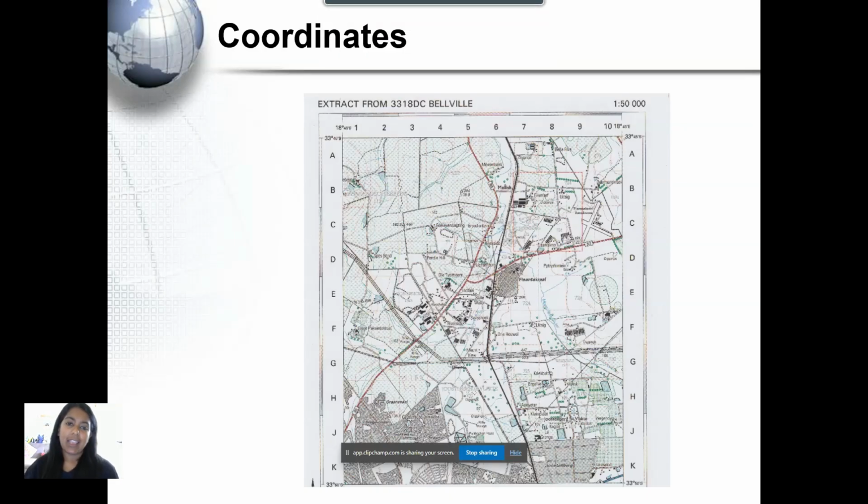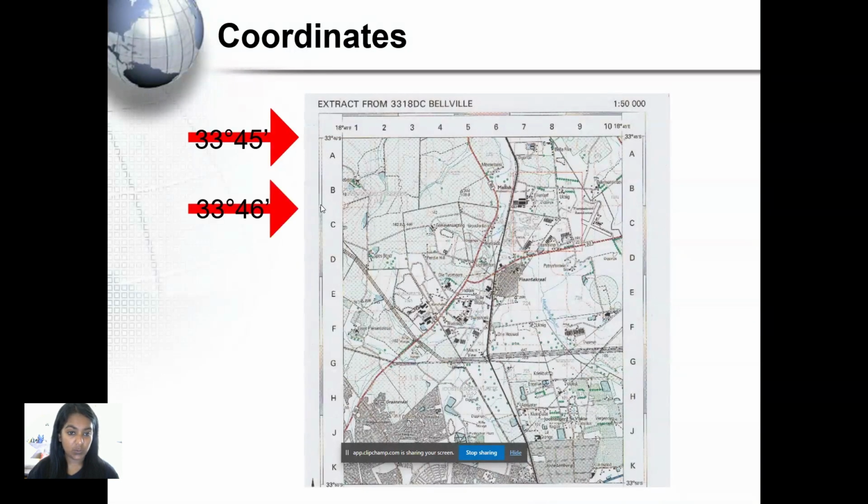So here we are looking at our map of Belleville. You can see our latitude lines, which start at 33 degrees and 45 minutes south and end with 33 degrees and 50 minutes south. Each one of these bars represents 1 minute. So if that is 33 degrees and 45 minutes, the next one will be 33 and 46, where this bar ends.